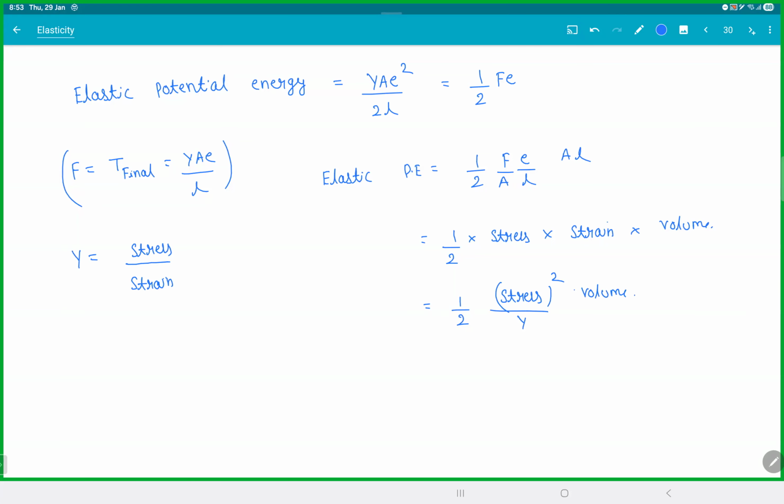So you can write elastic potential energy like this also. And if you divide elastic potential energy by volume, there's a name for this. This is called energy density. Energy per unit volume is called energy density. They can ask you this in units and dimensions, which is half stress into strain. Basically, just remove the volume there.